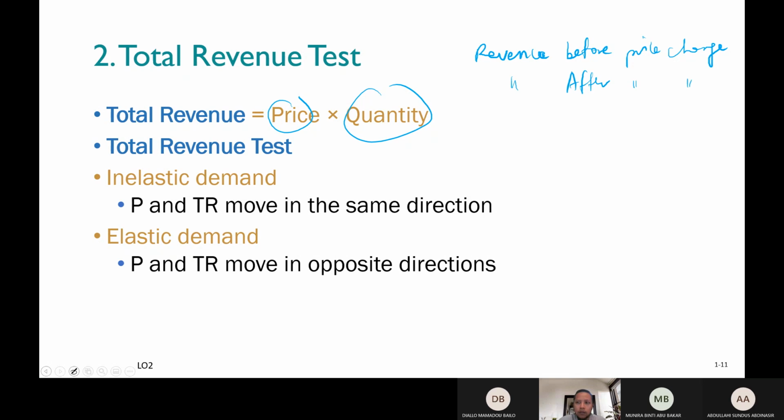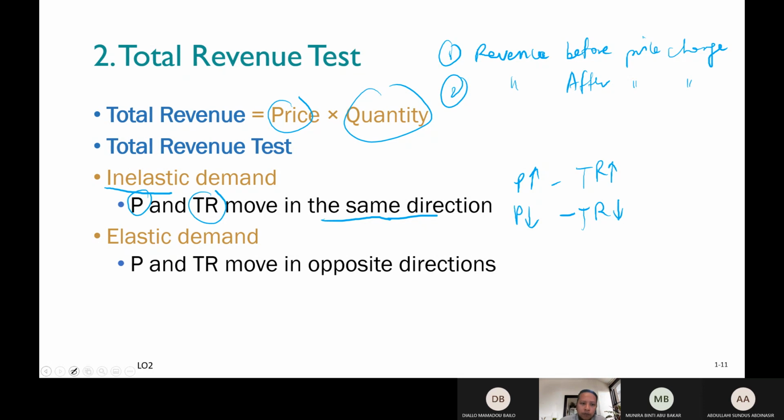Okay, so when you compare these two situations, situation number one, situation number two, if the price and total revenue move in the same direction, meaning that when price increases, total revenue increases, when price goes down, total revenue goes down, then this is an inelastic demand.